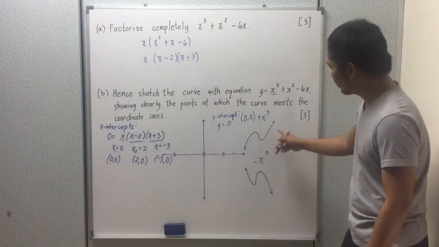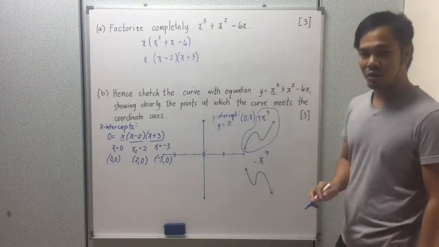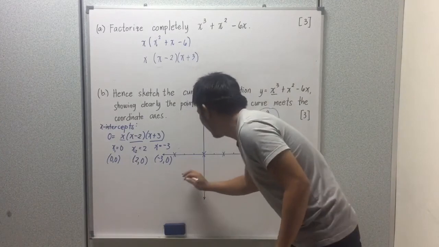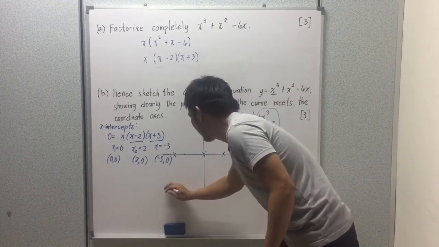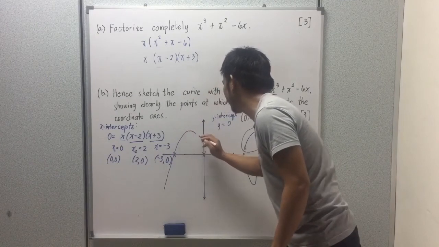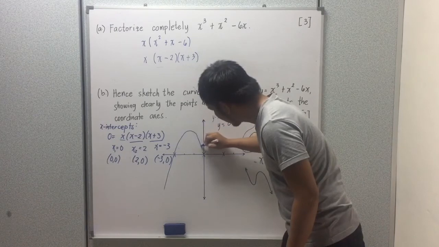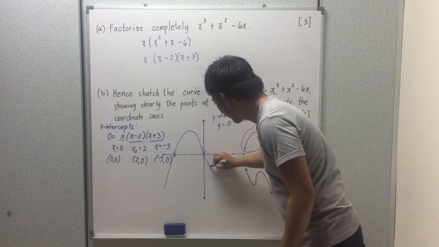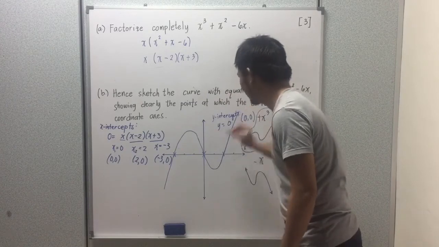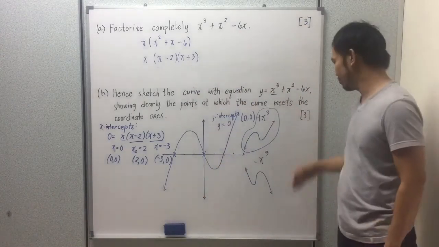And remember, it will need to look like this because it's a positive x cubed. I'll make it higher a little bit. Then you'll get 3 marks.